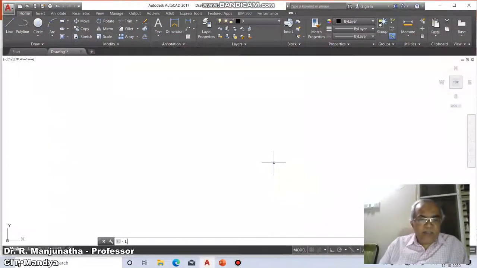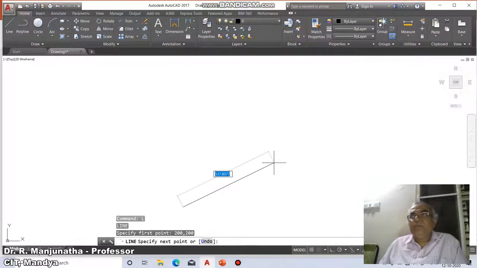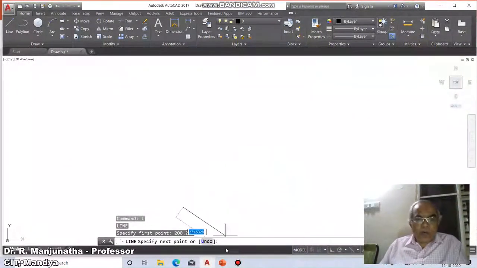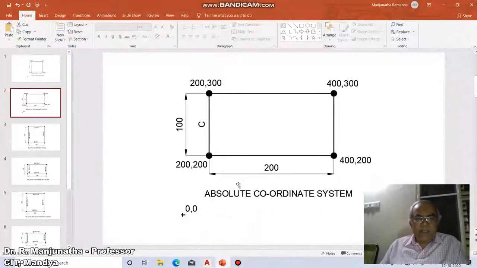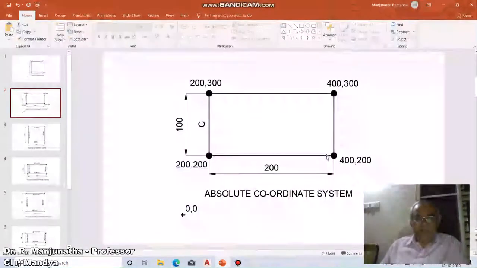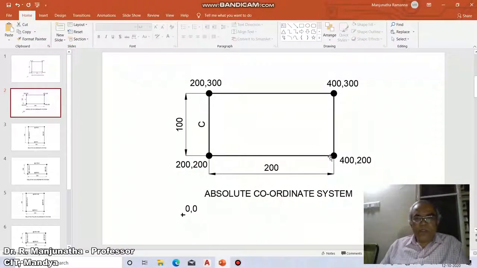Command is line, L. Specify first point 200, 200, in the absolute coordinate system. Now you are moving in a direction along the UCS x-axis by 200. What is the position of this point with reference to the origin? From here to here it is 200, and again from here to here it is 200.